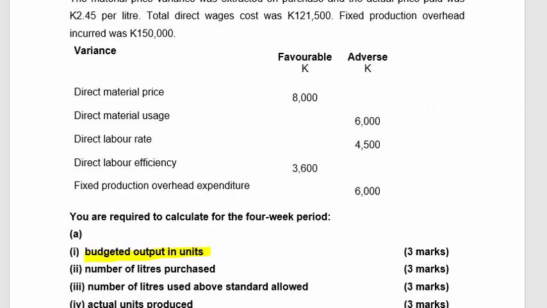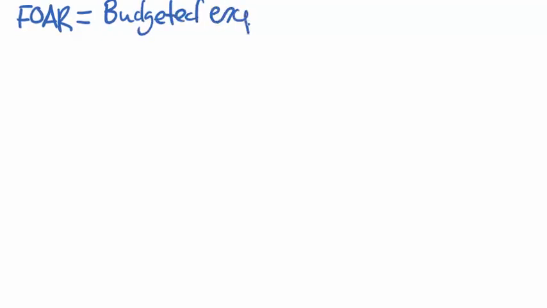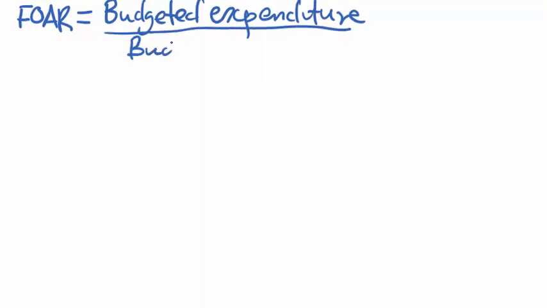So for budgeted output, we know that the fixed overhead absorption rate is given by budgeted expenditure divided by budgeted units.